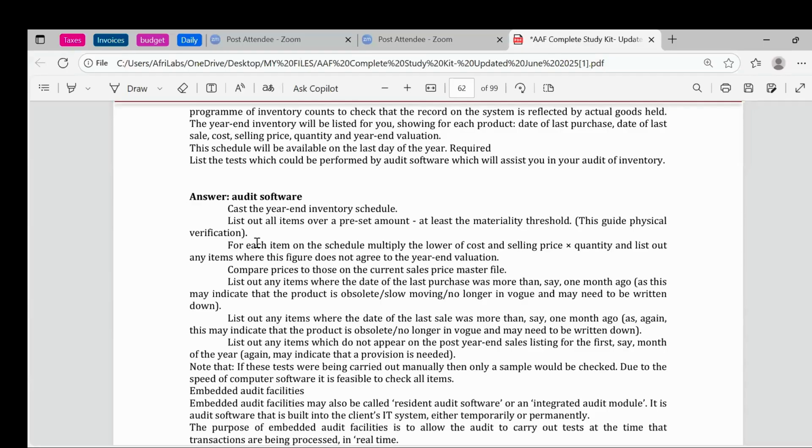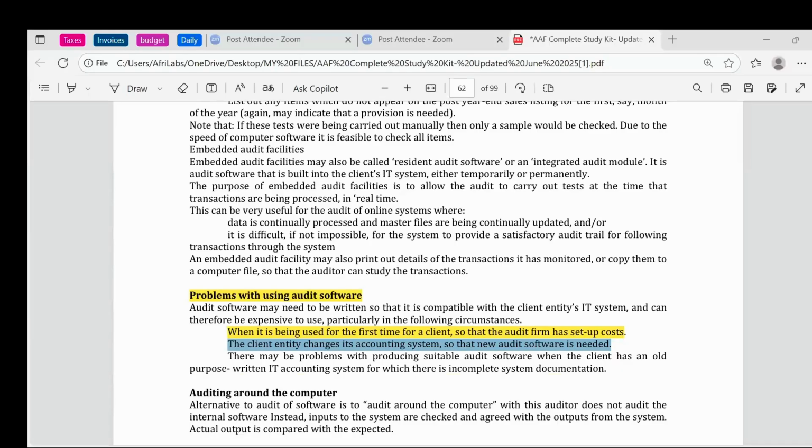So another subheading we have is problems when you're using auditing software. So what are the problems? Number one, okay, sorry, my internet threw me out. So I said if they are setting up for the first time, of course, the setup cost will be relatively high.